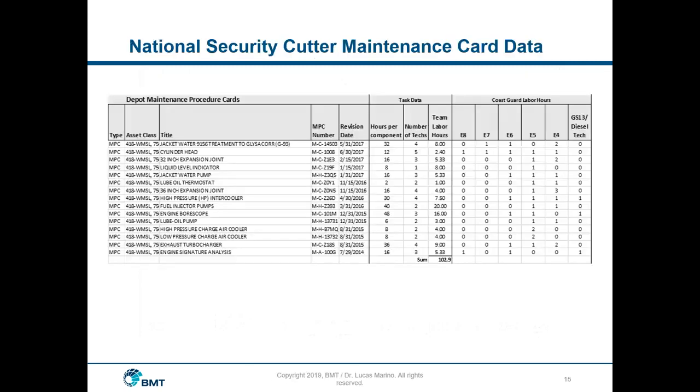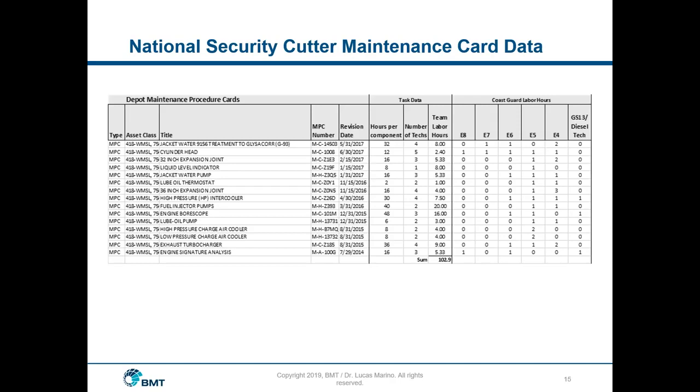Pretty cool stuff. This is an example of some information that I pulled off of Coast Guard maintenance procedure cards. These were for depot maintenance tasks that the Coast Guard had already allocated to a depot maintenance provider for an engine. They had a cylinder head conditional replacement item.